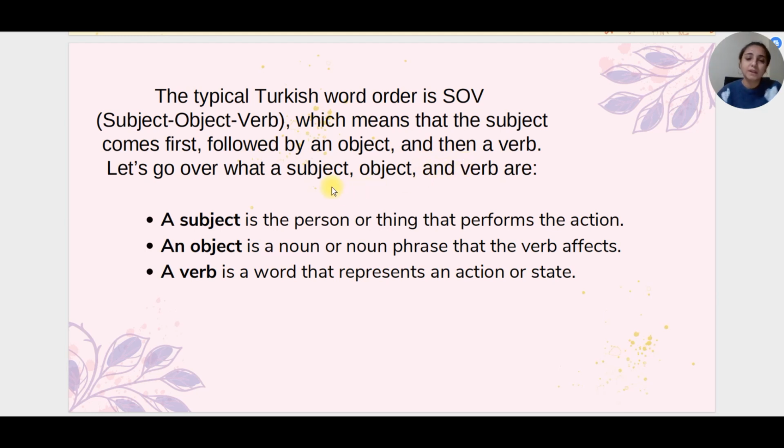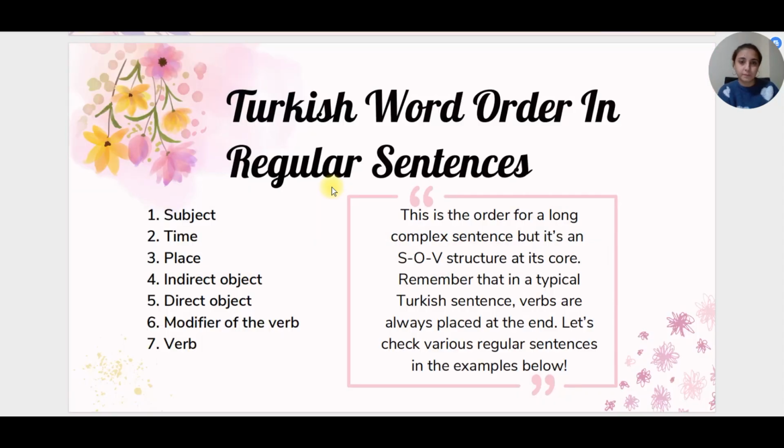Let's go over what a subject, object, and verb are in Turkish. A subject is the person or thing that performs the action. An object is a noun or noun phrase that the verb affects. A verb is a word that represents an action or state.